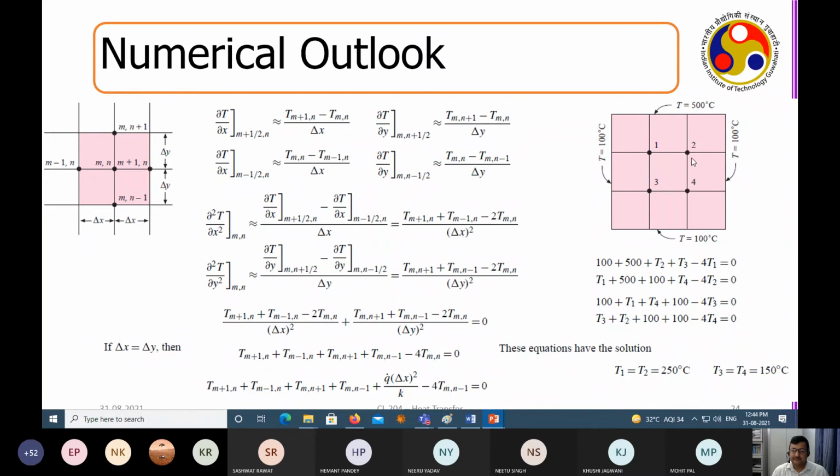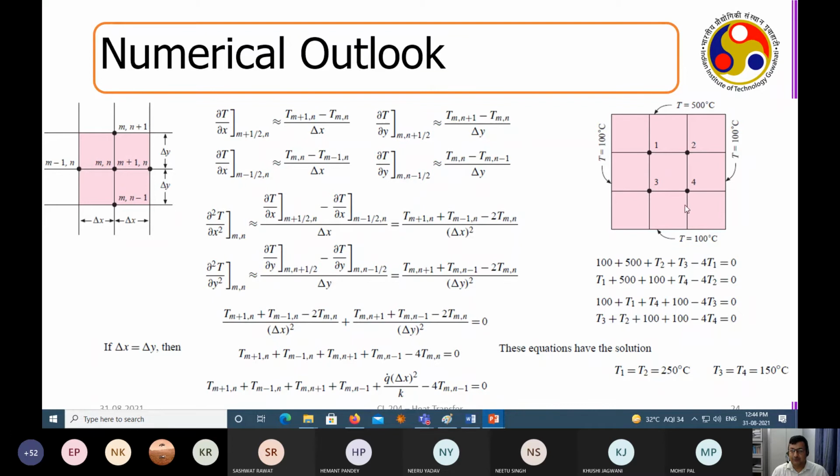For 2, on the left hand side you have T1. Then at the top you have 500. Then at the right you have 100. Then at the bottom you have T4, and then for this own point you have minus 4T2. For T3, you may see that on the left you have 100, at the top you have T1, at the right you have T4, and at the bottom you have 100, minus 4T3, because T(m,n) is going to have 4T(m,n) here.